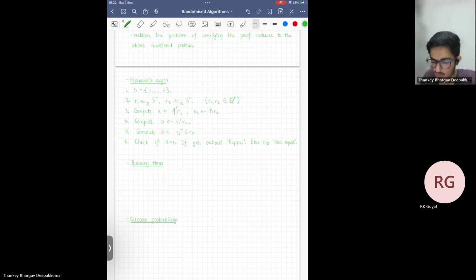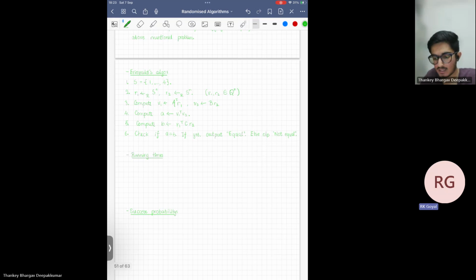So what is the running time of this algorithm? Basically, we are comparing two expressions.